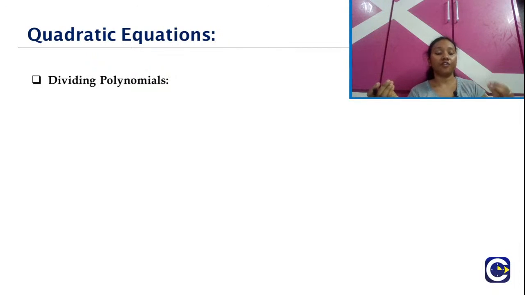These are the concepts we have covered so far, right? Now we are entering into the division of polynomials, which is the long division method, right?